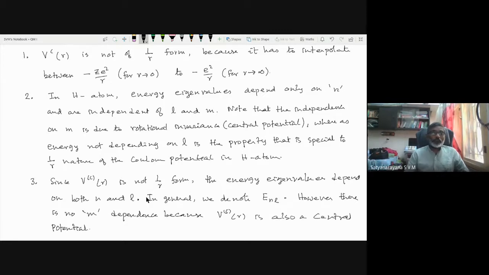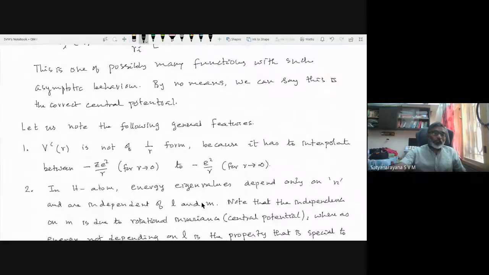This is a general feature. Whatever is your Vc of R, whether it may be the model potential that I wrote or some other model potential that you write, these features that I am going to write are very general. They are actually independent of the actual form of your central potential.